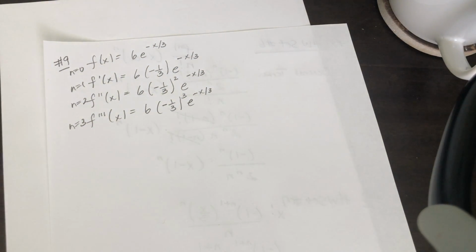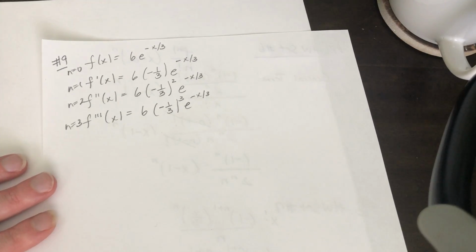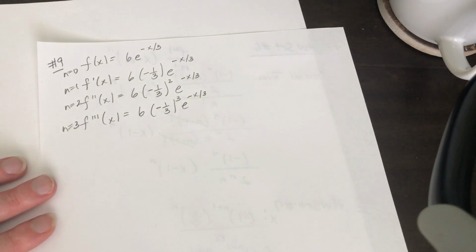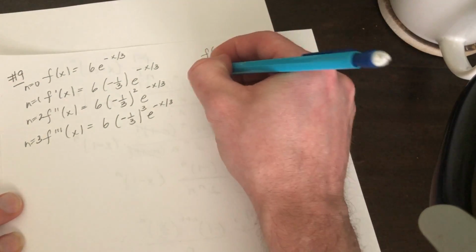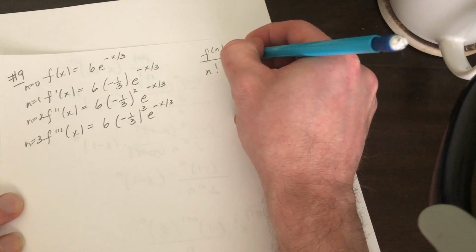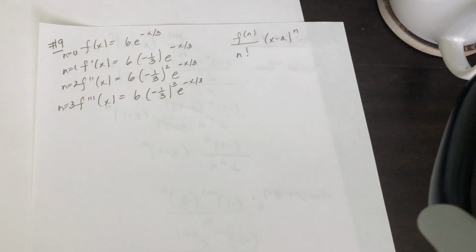When we go to write a Taylor series, it's the derivative over n factorial times x minus a all to the n power. If you don't remember that, then write it on your cheat sheet.